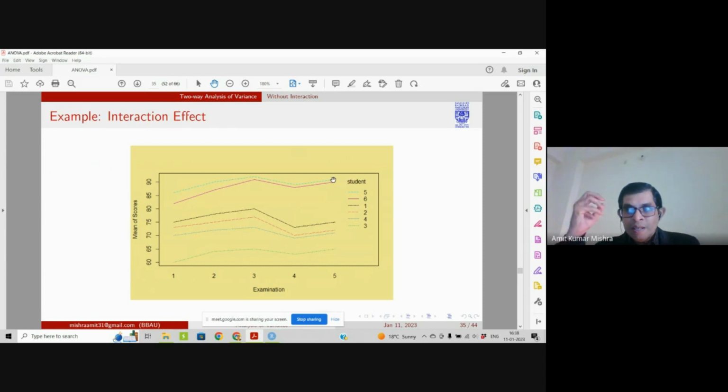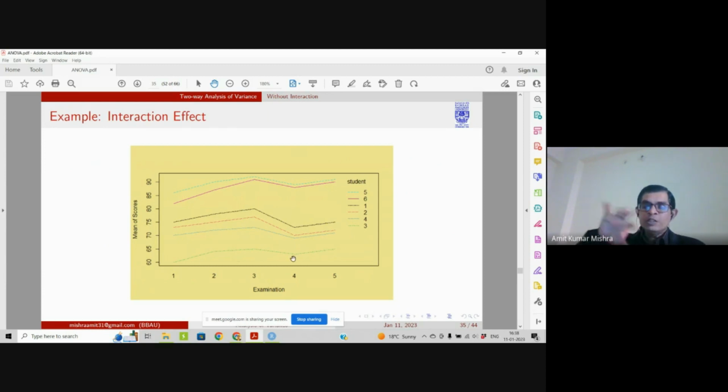Now you can see that examination is not affecting the 5th student much in terms of getting the highest marks. And then the 6th student is getting the second highest marks. Then there is the first student, then the second student, then the 4th student, then this.